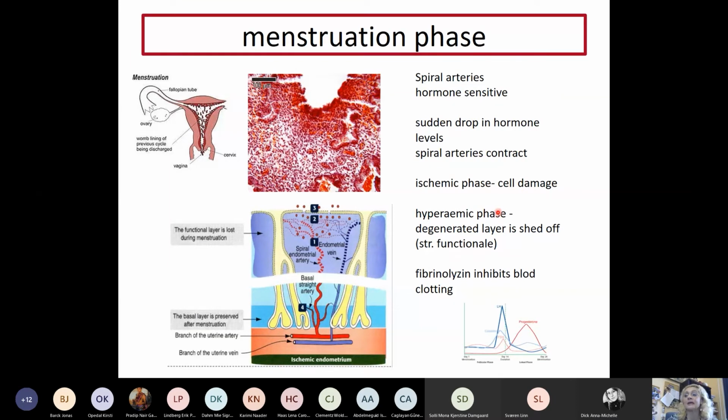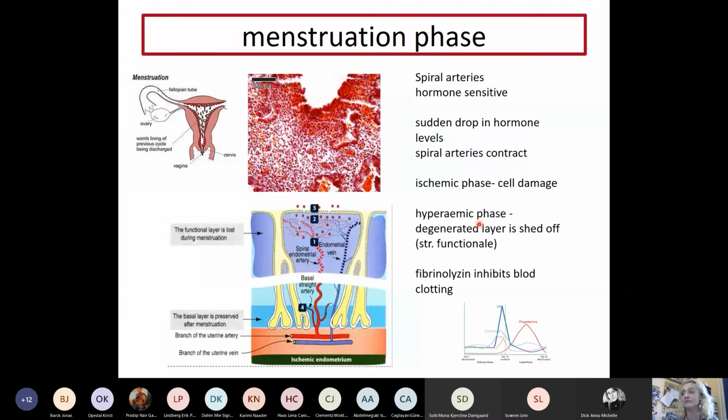And then even the wall of the blood vessels disintegrates, so the cells of the blood vessels themselves, so there will be bleeding. This is called the hyperemic phase. And if there is bleeding, you will learn this later in pathophysiology, pathology, that if an already dying cellular layer suddenly receives blood supply, it does even more damage.